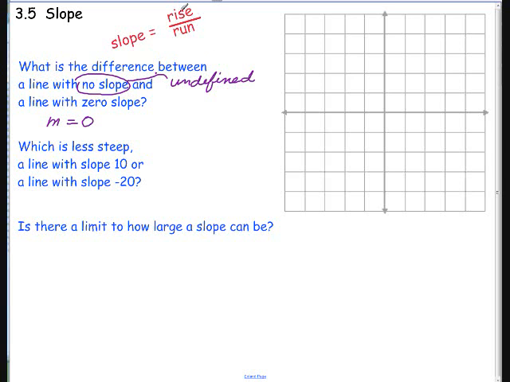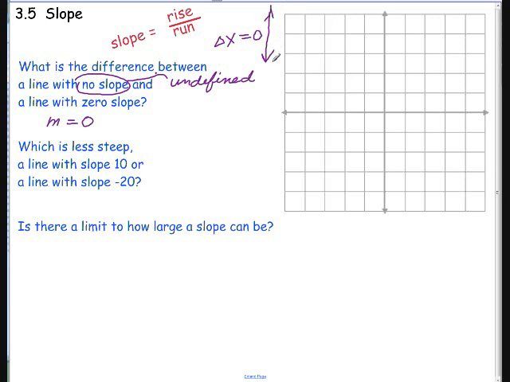Well, if you think about rise over run, when would slope be undefined? It would be when run is equal to 0. And run is change in x. Change in x is 0. Well, that happens when you are dealing with a vertical line, right?